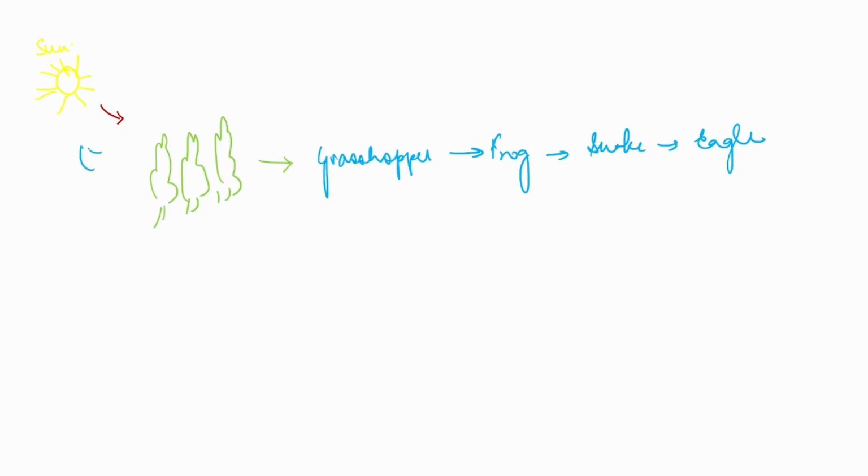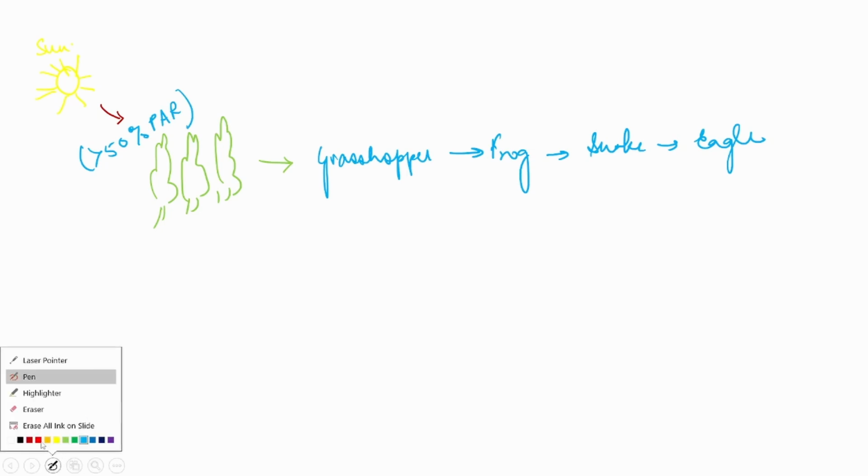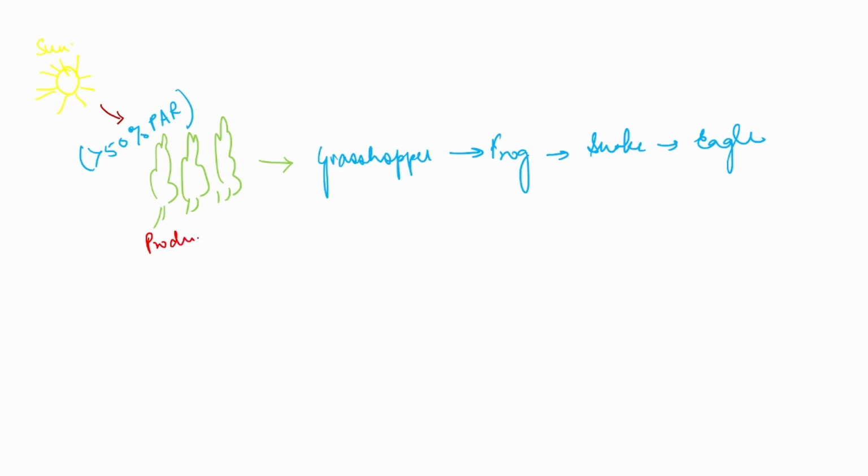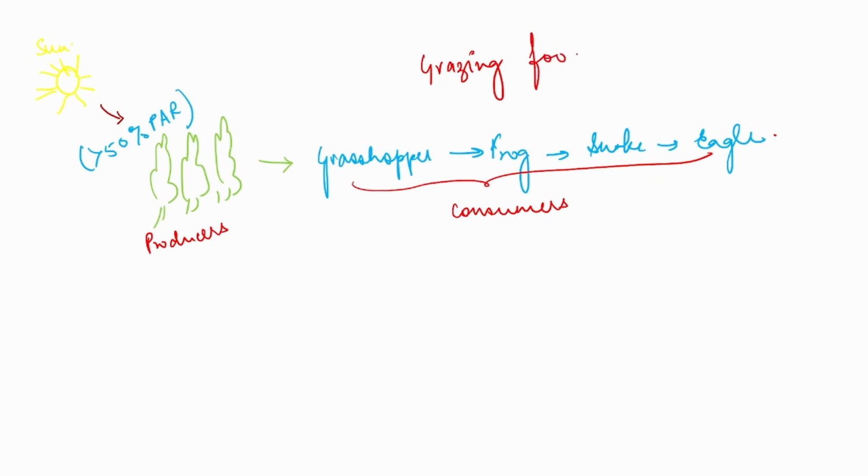Here it is absorbing less than 50% photosynthetically active radiation. So this one we call the producer, and these we call consumers, right? And here you see this is a food chain which starts from the green plant, so this is what we call the grazing food chain.